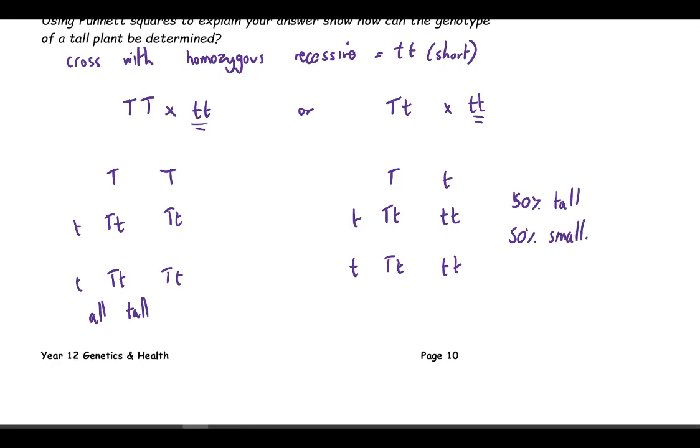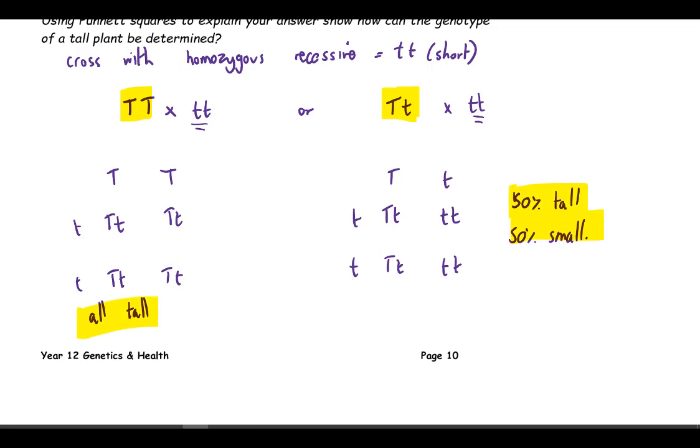So again, what you have to do is take the unknown, so we don't know if the unknown is big T, big T or big T, little t, and you cross it with the short plant, which is two little t's. You cross it and observe the offspring.